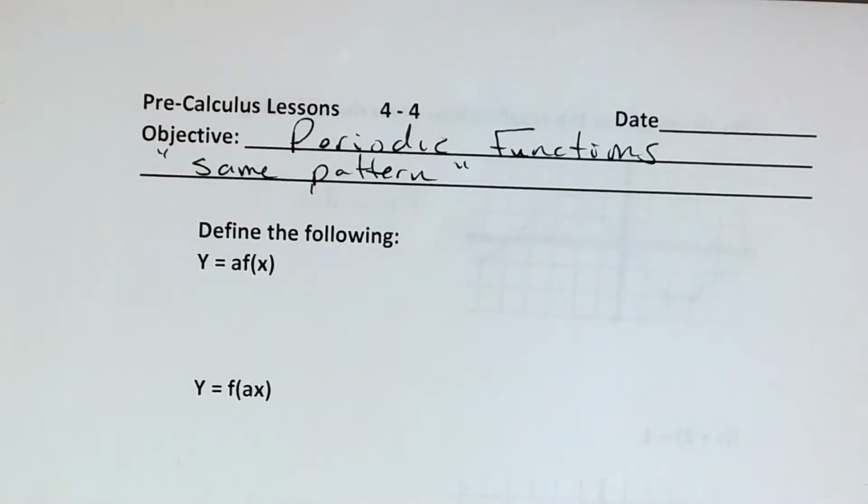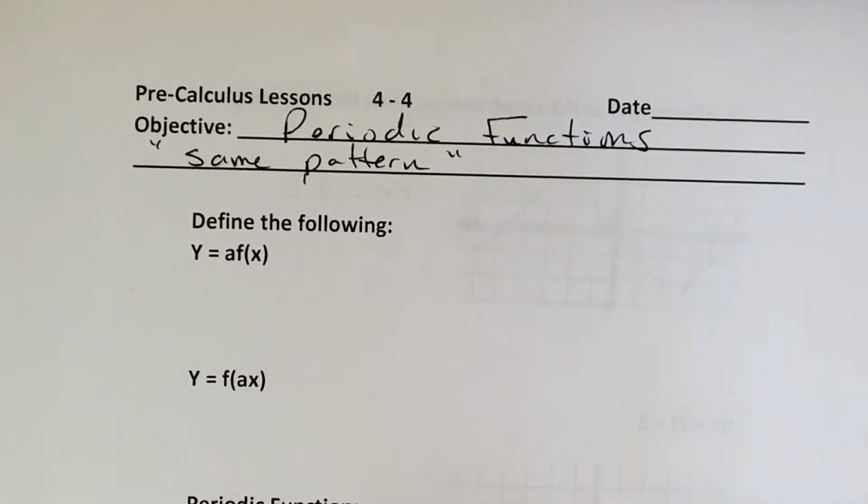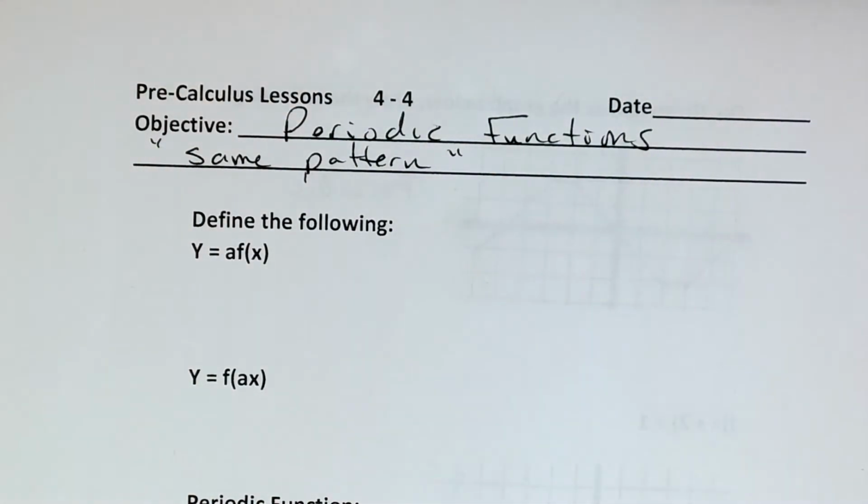So here we go. First of all, here's an example of a periodic function. The tides are periodic because they go in and out, in and out. The height of the tide, high tide, low tide, is pretty close, the same thing day after day.